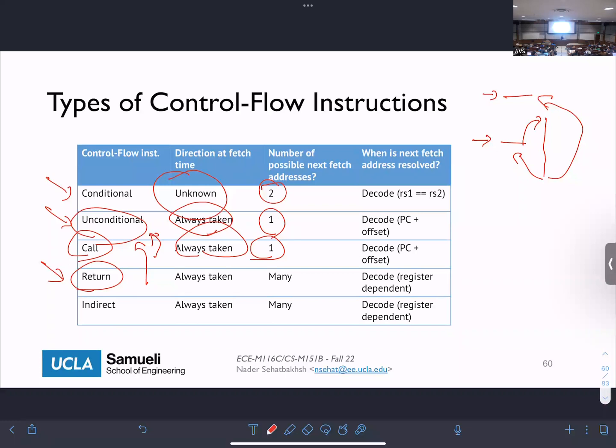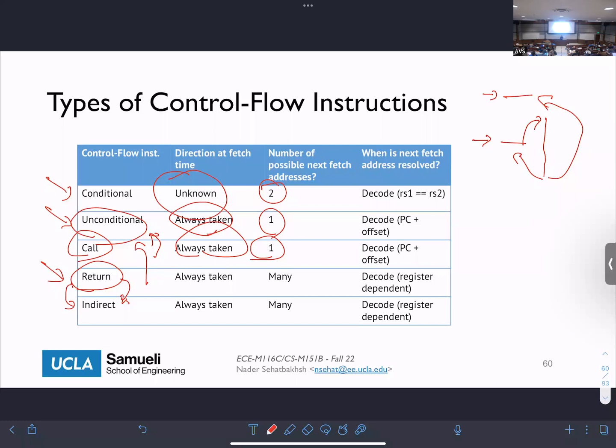Same story for indirect branches, because return was a special type of indirect branch. Generally, an indirect branch looks at RS1, adds an offset to it, and jumps there. Since RS1 can technically be any value between 0 and 2 to the power of 31 minus 1, we are talking about many different possibilities. So we have either one target address, two target addresses, or almost infinitely many.